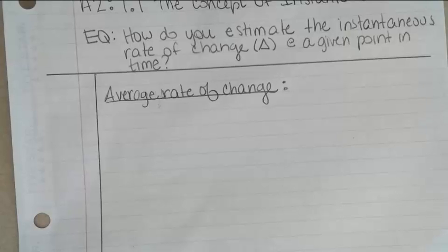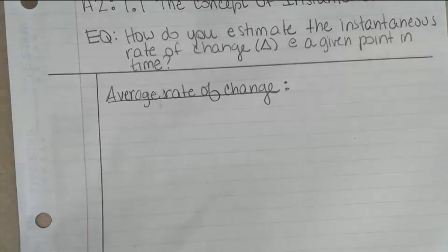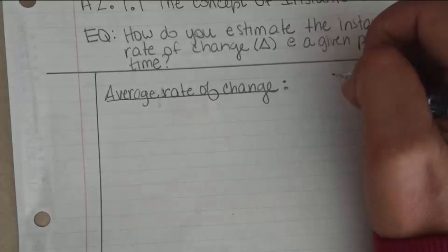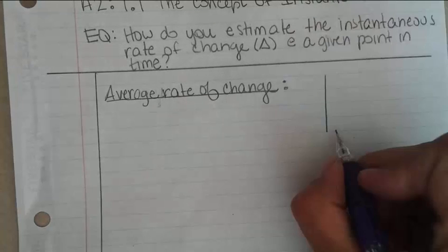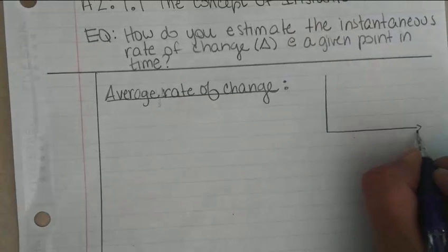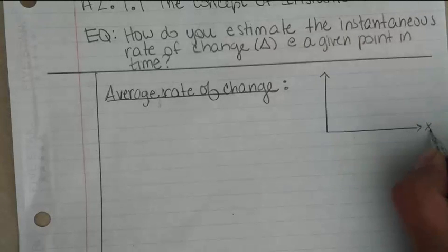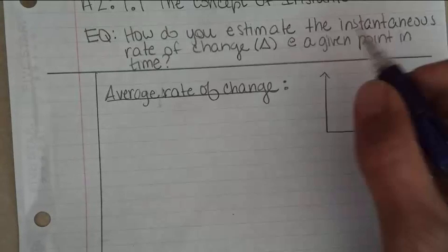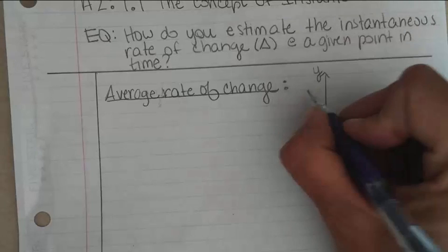So basically, if you think about any maybe graph whose x-axis had time and whose y-axis had distance.